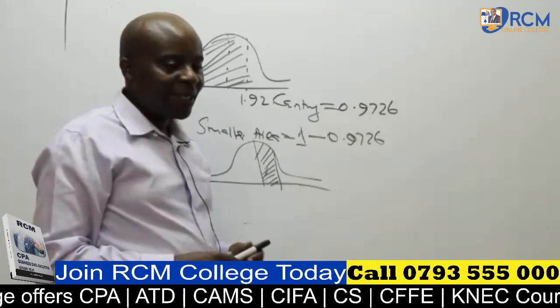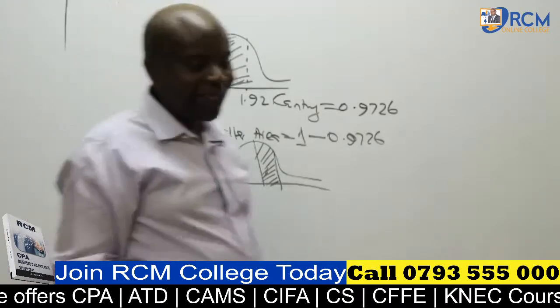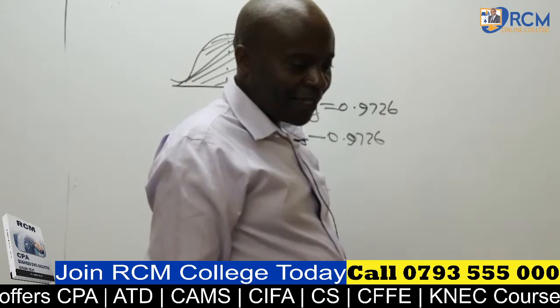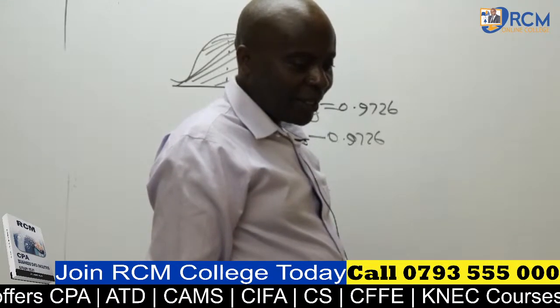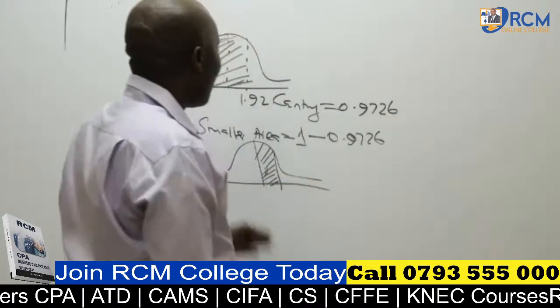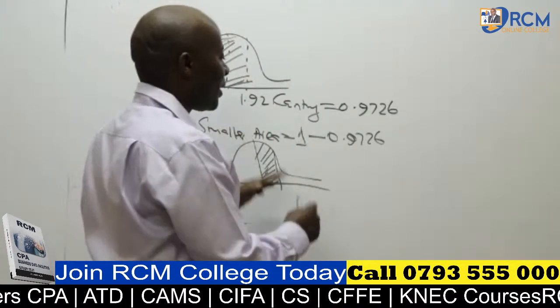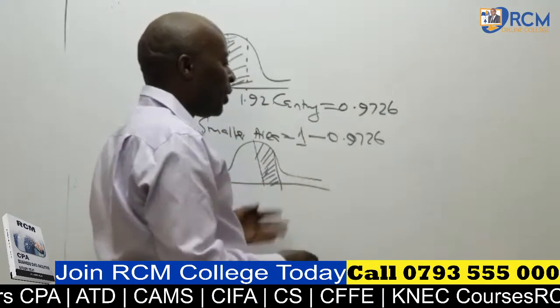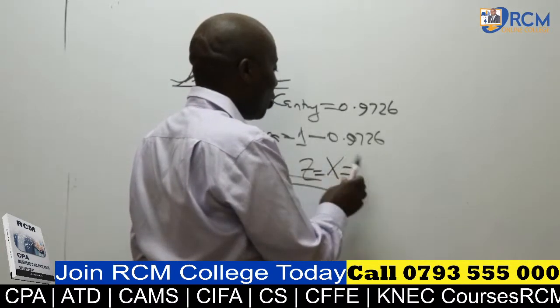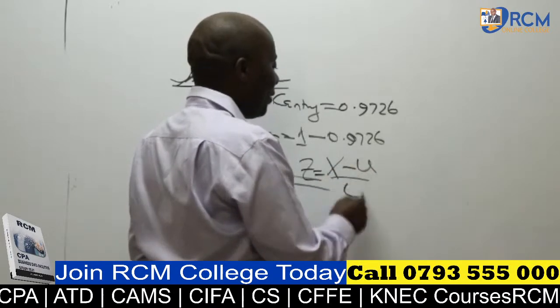And if that is the case, I would want to go to something different. When do we use X bar, and when do you use mu? This is the normal probability computation, where we talk of Z being equal to X minus mu divided by the standard deviation.